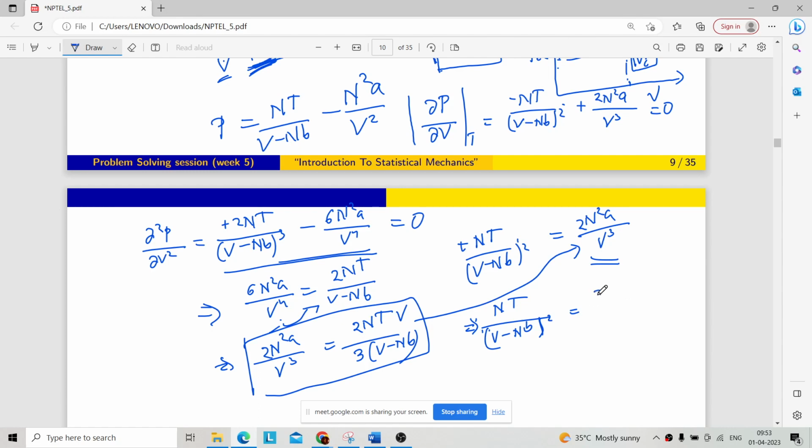To find this critical value, these will be constants, so they should not depend on any of the variables. So I need to find an equation in T, P or V which will be constant. What are the constant values? N, B and the numbers whatever I have. So if I solve this on both sides, I can cancel this square, this will go.